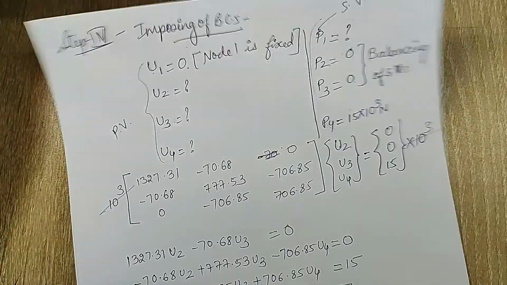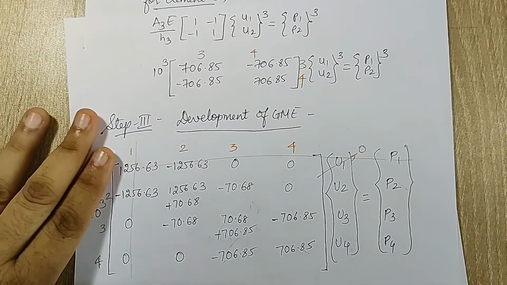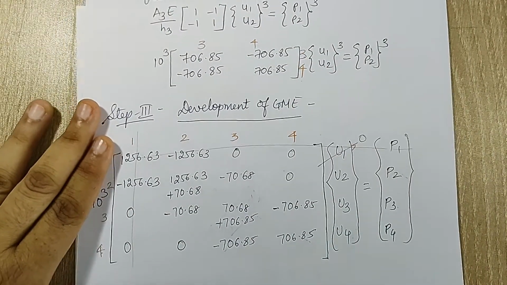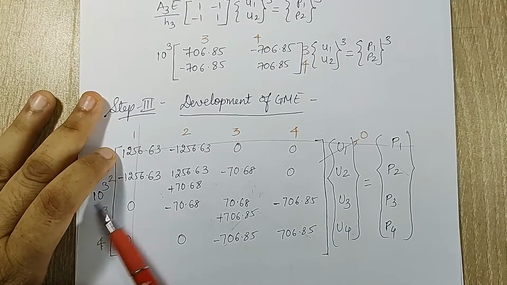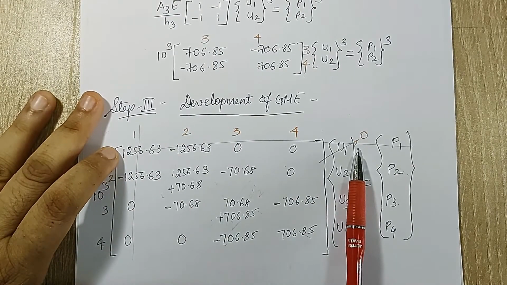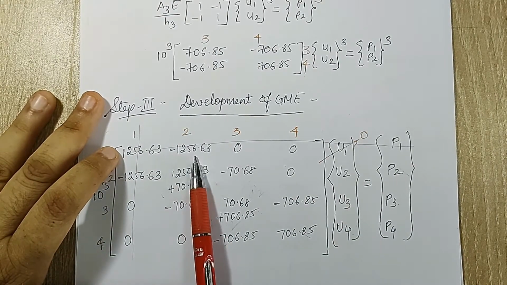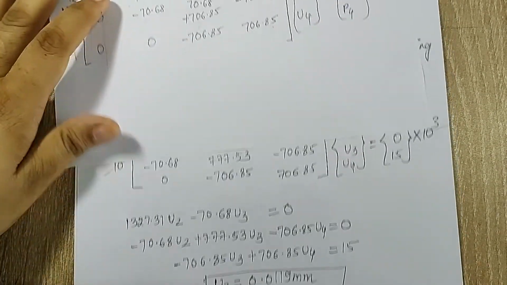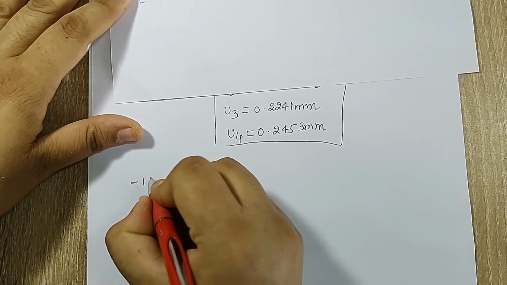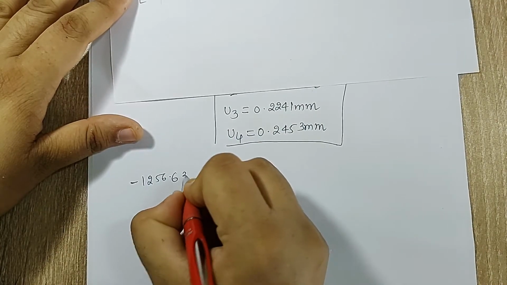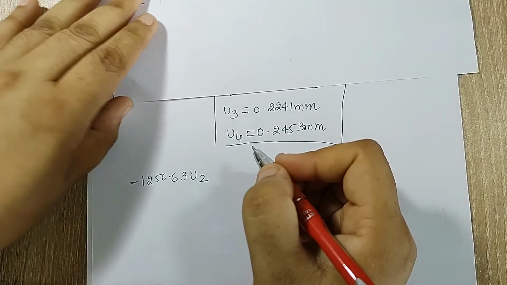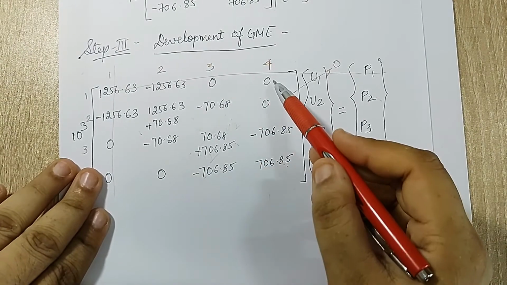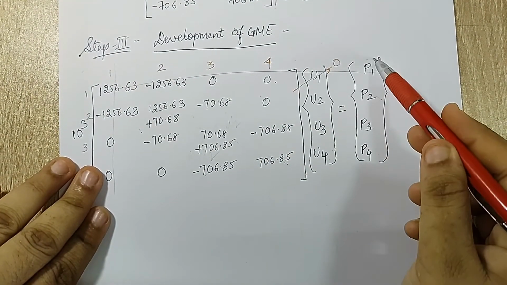Now I am going to revisit my matrix and write an equation for the first row. If you observe, this will be 1256 into 0, which is 0. Then I have minus 1256.63 into U2. The rest two terms are 0, and on the other side I am going to have only P1.